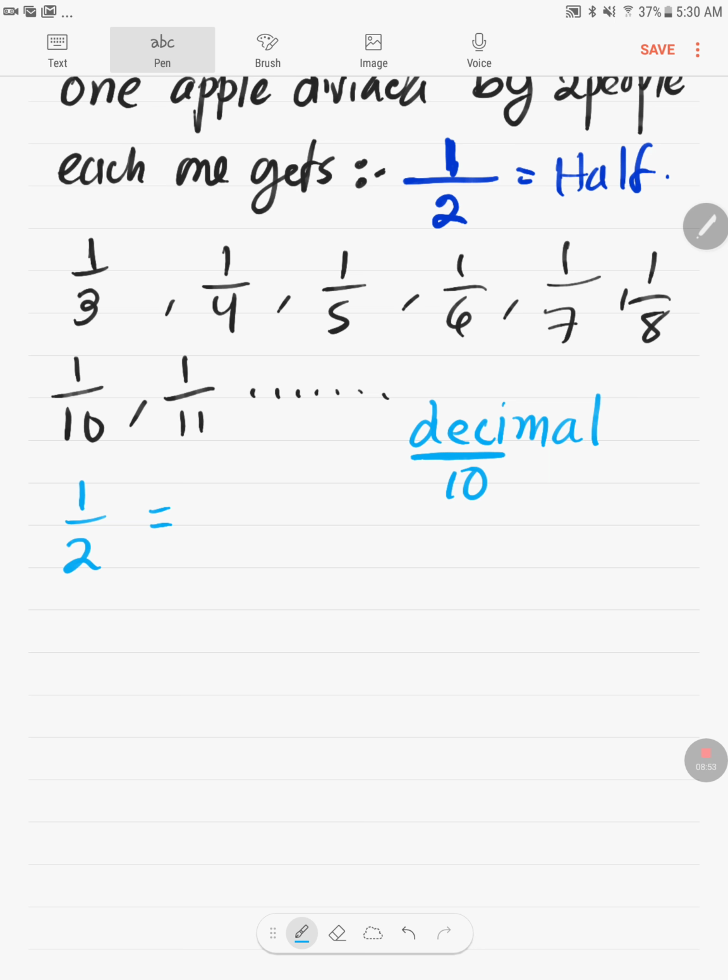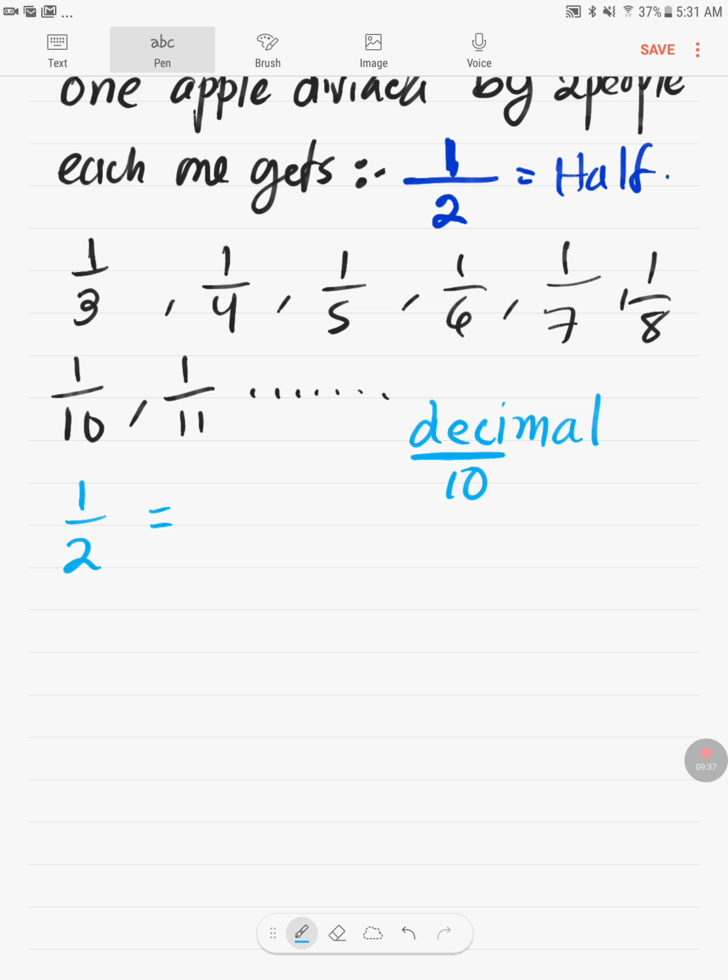Decimal is base 10, and base 10 means we have 10 digits, and then we start going into double digits and so on. So decimal means base 10. Now to transform this fraction into a decimal number, the denominator has to equal 10 somehow. So let's see how we will achieve that.